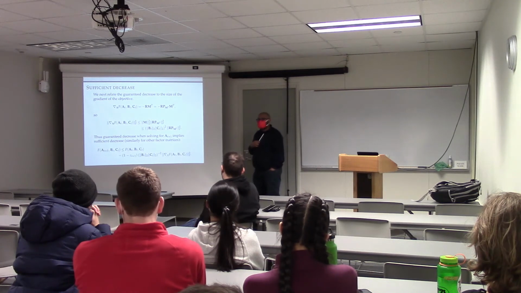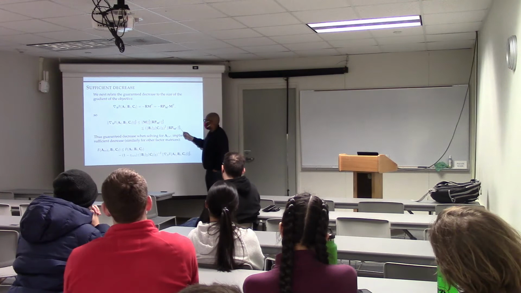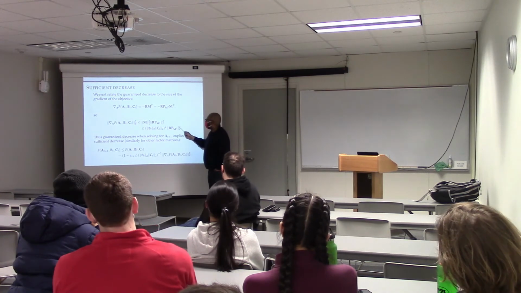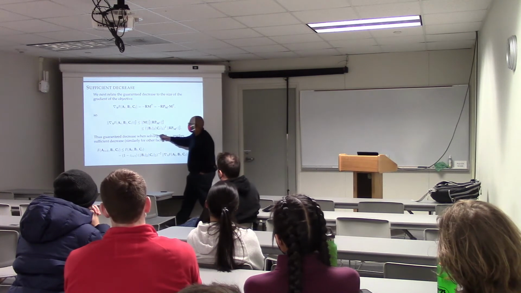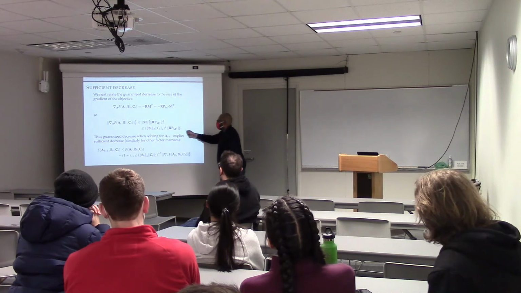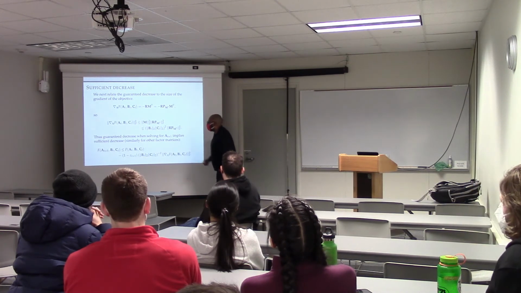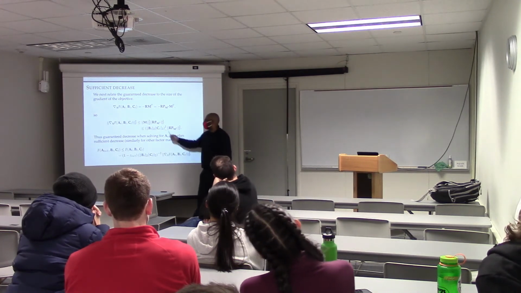Okay? So now I can plug in this, right? So I have a lower bound on this thing by bringing this over here. So this thing is greater than or equal to this inverse times the size of my gradient.